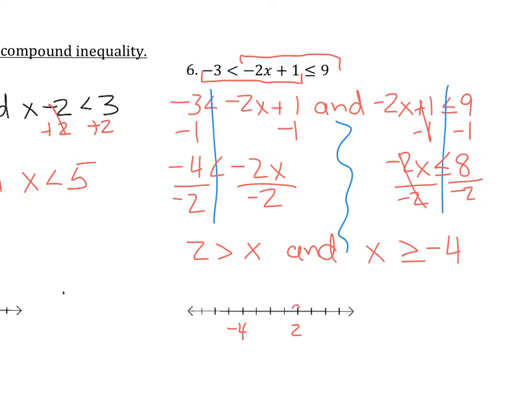I have an open dot at 2 and a closed dot at negative 4. Okay, this inequality right here says x is smaller than 2, right? The alligator's eating 2, so x is smaller. So all this stuff right here would be smaller than 2. It says x has to be bigger than negative 4, so bigger than negative 4 from this part is the middle.